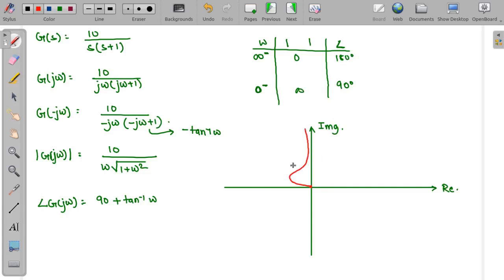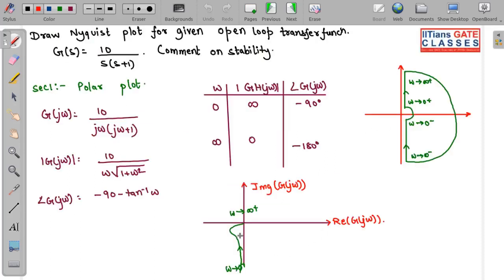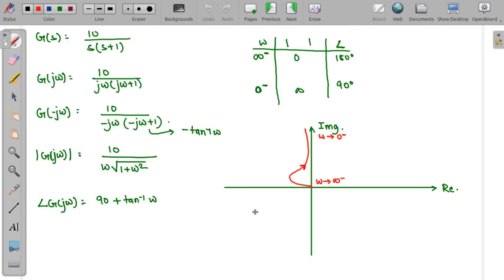So it will look like this. So this part is omega tending to infinite minus, and this part is omega tending to 0 minus. So you can see basically this is the mirror image of the polar plot. So in examination you don't need to do all this, but for the sake of concept I have actually shown you how to draw the mirror image or the inverse of polar plot.